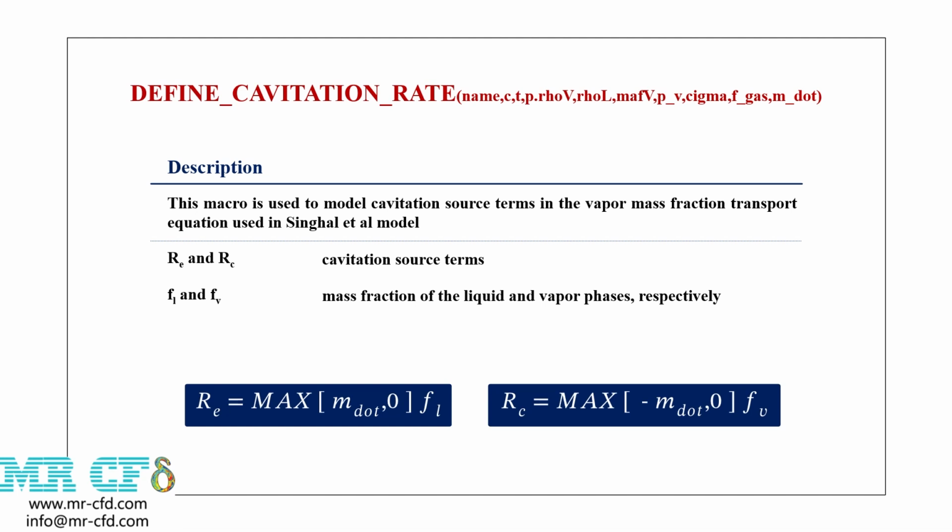The cavitation model used in this equation is the Singhal model. According to this cavitation model, the relationship for estimating the cavitation source terms is expressed as follows. These relationships are based on the mass transfer rate between the liquid and vapor phases and the mass fraction of each of the liquid and vapor phases.